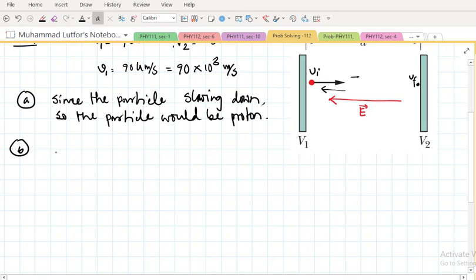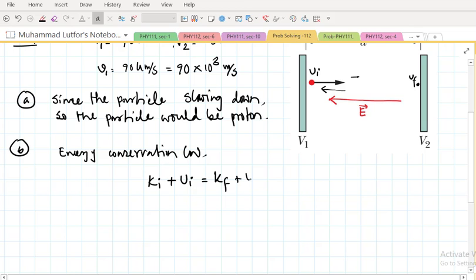We can find it using the energy conservation law: kinetic energy initial plus potential energy U initial must be equal to kinetic energy final plus potential energy final.